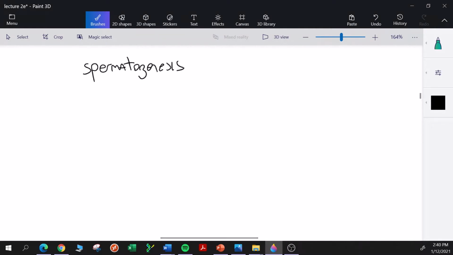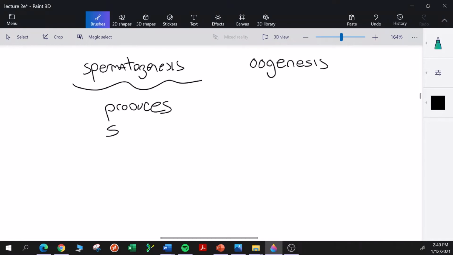Okay, again, we are going to talk about two types of gametogenesis: spermatogenesis and oogenesis. Spermatogenesis occurs in animals, and it is the gametogenesis process that produces spermatozoa, which is essentially just sperm.